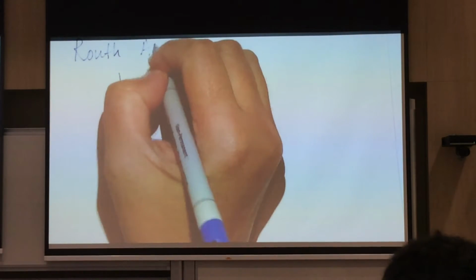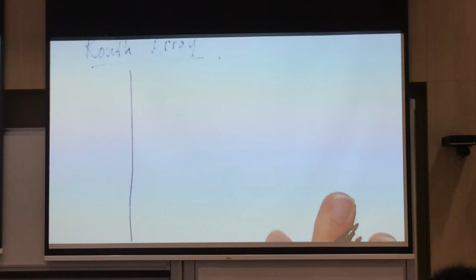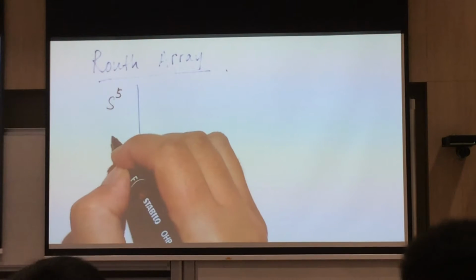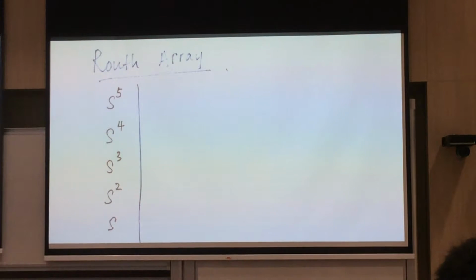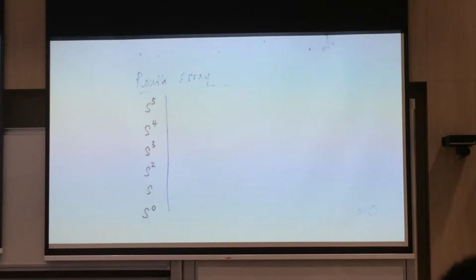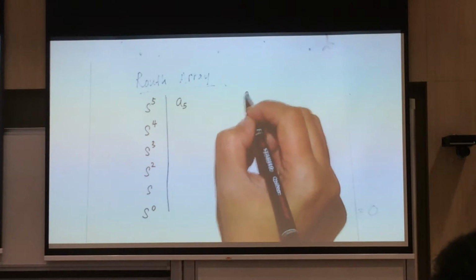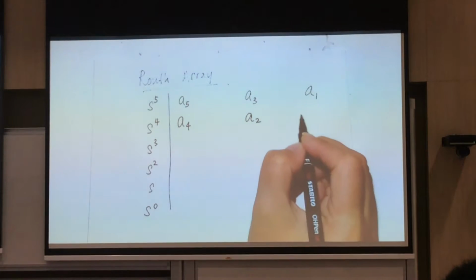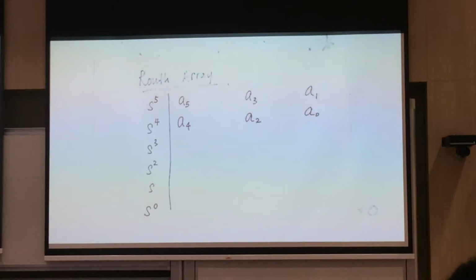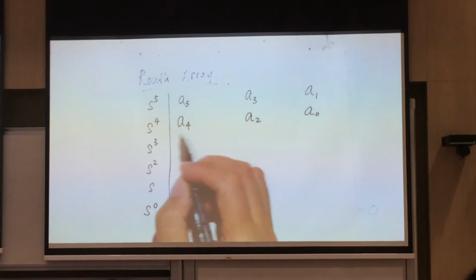Okay, so as I was saying, s to the 5, s to the 4, s to the 3, s squared. Then you start to fill in your coefficients: a5, a3, a1, a4, a2, a0. And how do you fill this element here?